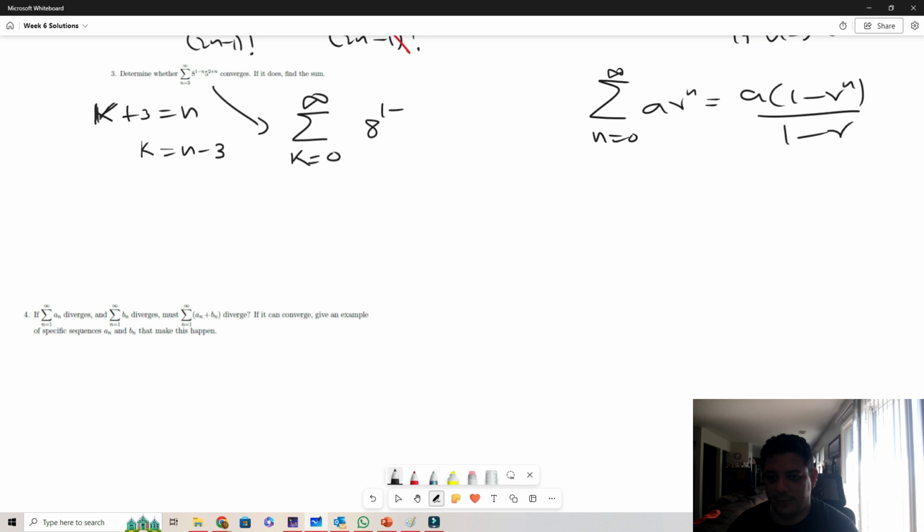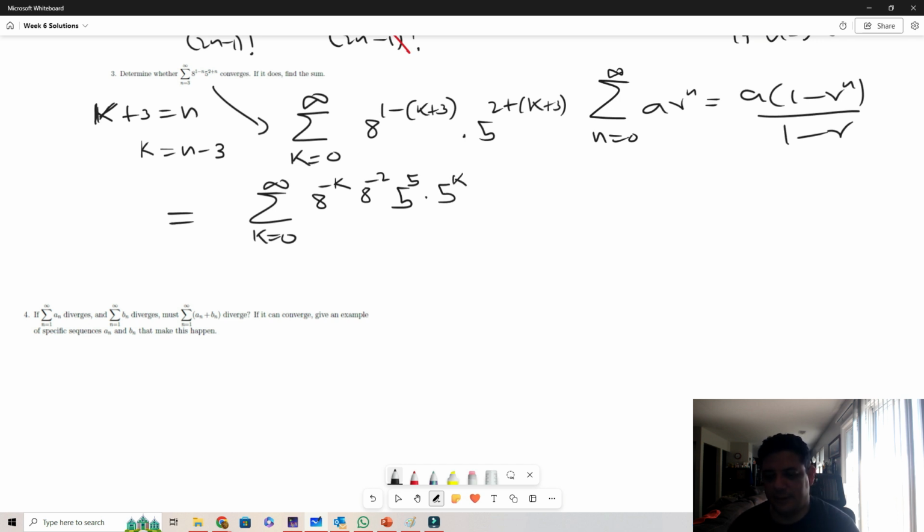So this is 8 to the 1 minus (k plus 3), and this is going to be 5 to the 2 plus (k plus 3). So now if I simplify a bit, this is really 8 to the minus k, and then from minus 3 and 1 I get 8 to the minus 2, and over here I get 5 to the 5, and I get 5 to the k.